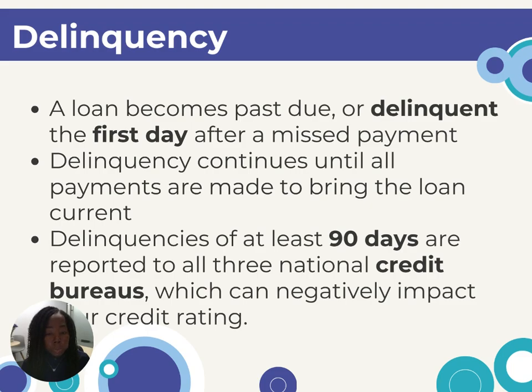So now some loans are now 90 days past due, and people are starting to see the negative impact on their credit and their scores dropping because now the grace period is over and the loan servicers are now reporting the delinquent and late payments to the credit bureaus.